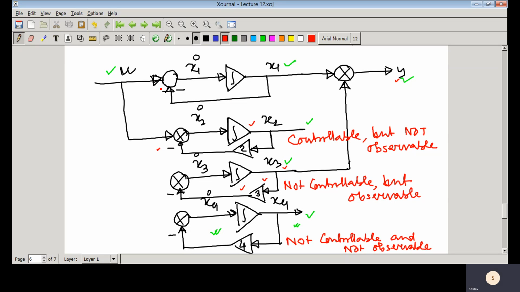And this state, you can see it is connected to the control input, as well as reflected at the output. So this particular state is controllable and observable. This example is very interesting.